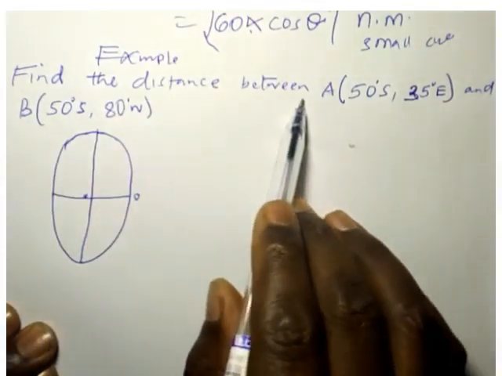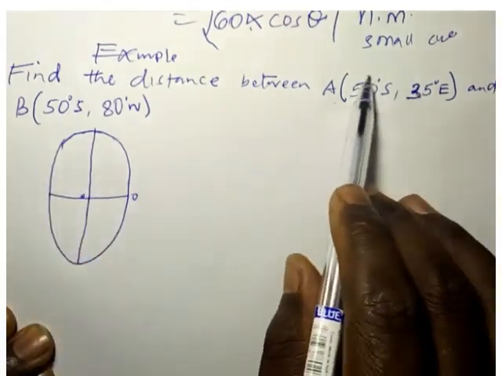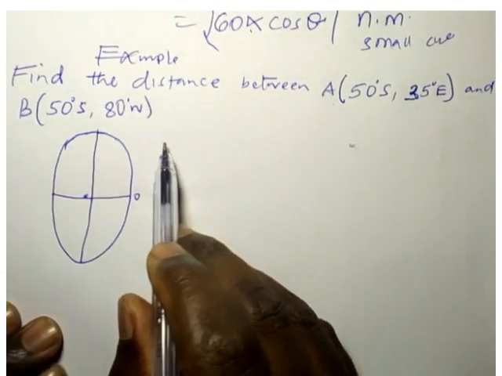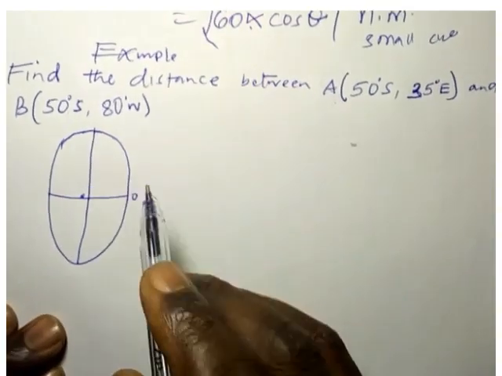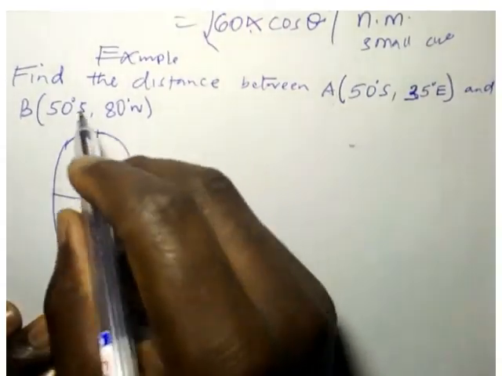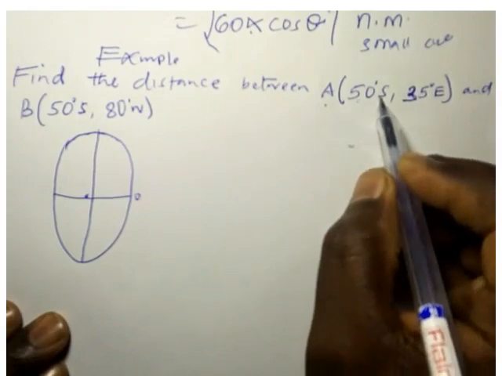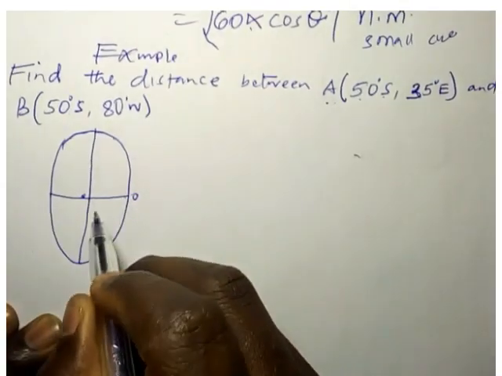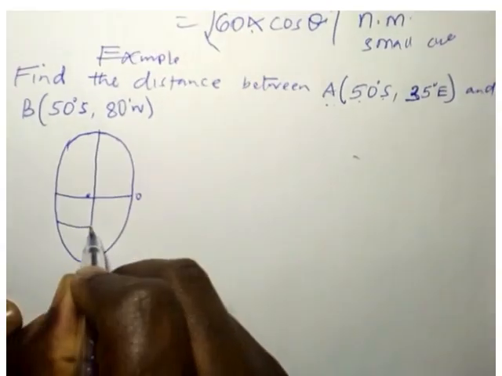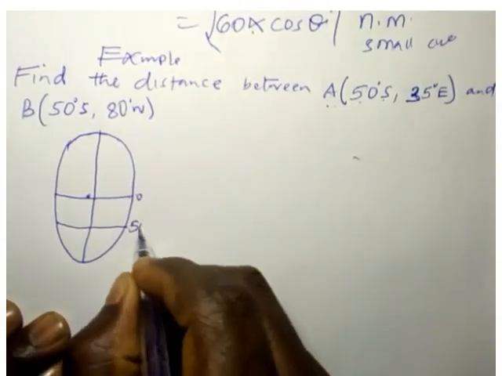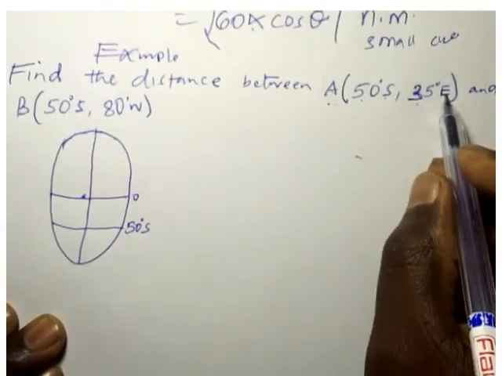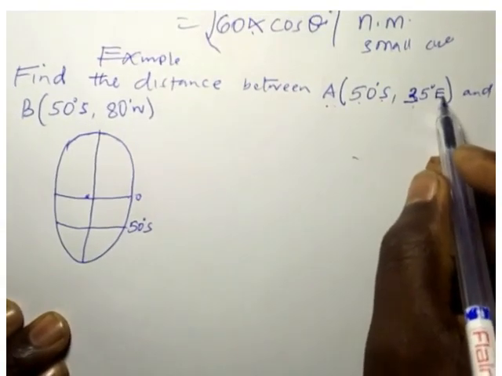Find the distance between A and B, which have been given these coordinates. So let us locate these points on the globe. It is important you sketch. A is 50 south. South, this is the latitude, so it is below the equator. So 50 south could be here. You write 50 degrees south, and then 35 degrees east. This is the longitude.